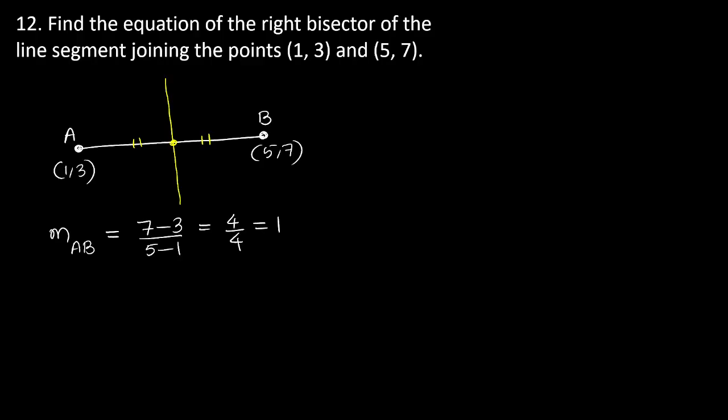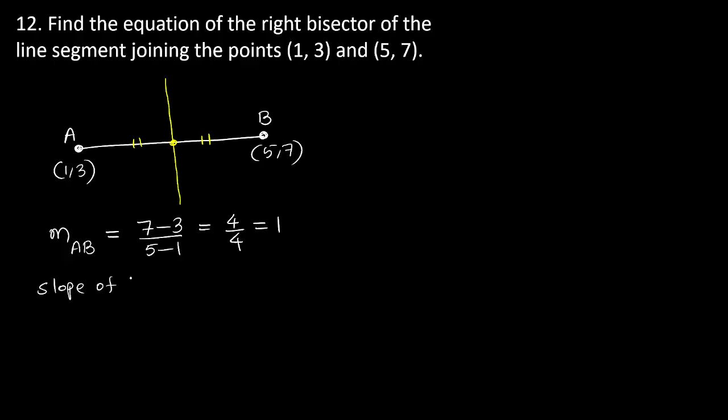Devasri, have you understood this step? This step is clear. Yes, sir. Why am I finding the slope of AB? Because if I know the slope of AB, I can find the slope of the required line. So this step is clear. Say you understood this step.